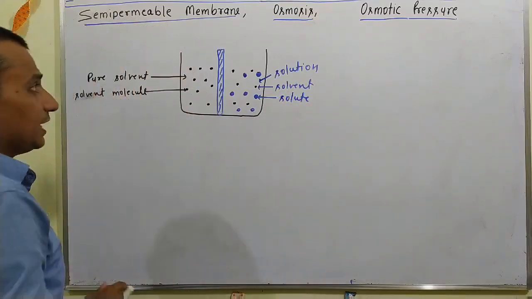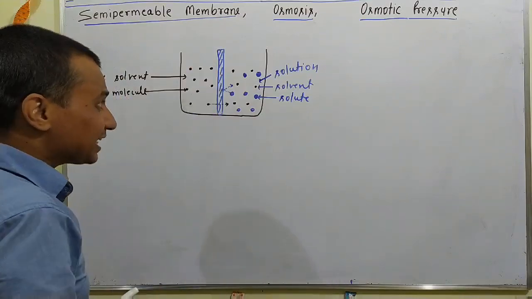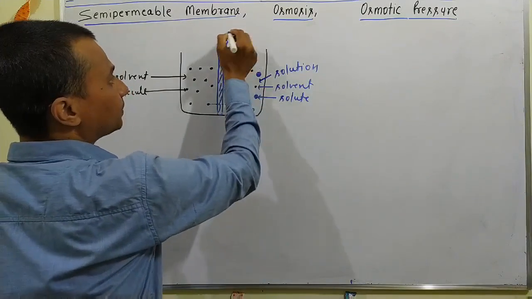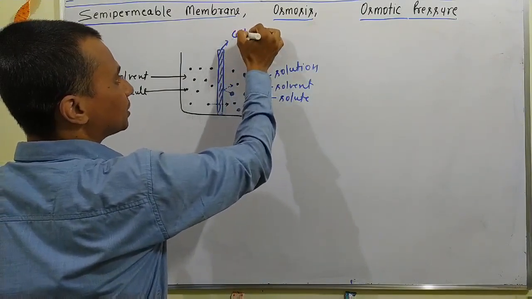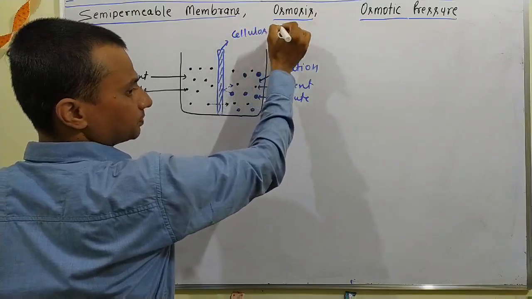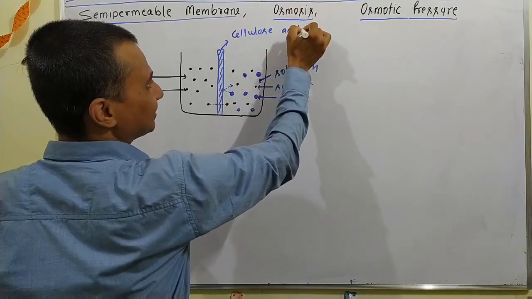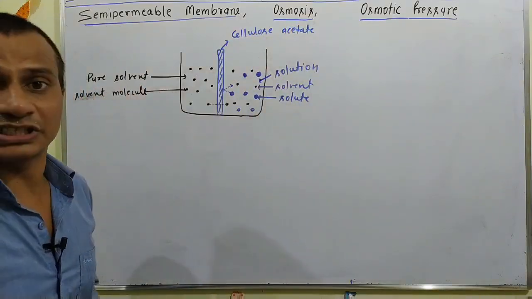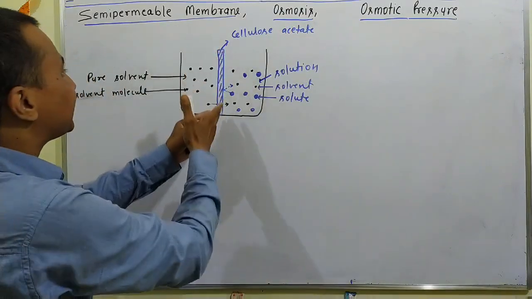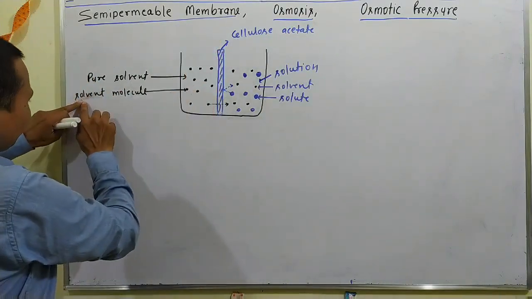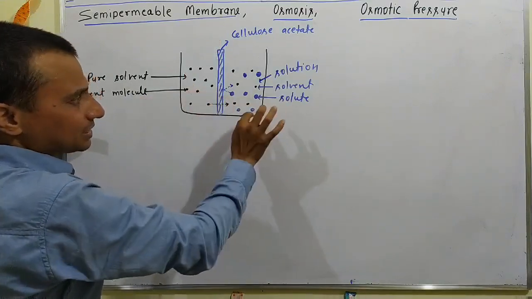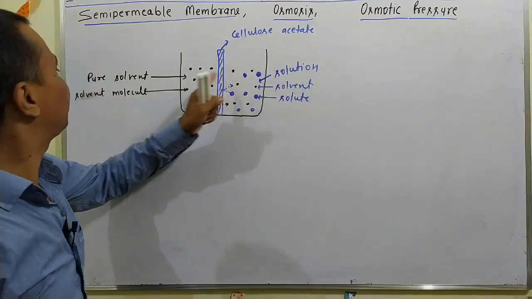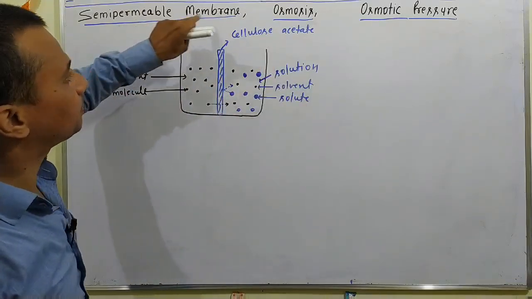If the special type of membrane is formed of, for example, cellulose acetate, which is a special type of material through which we can form a membrane, through which solvent molecules can pass but solute molecules cannot pass, this type of membrane is called semi-permeable membrane.